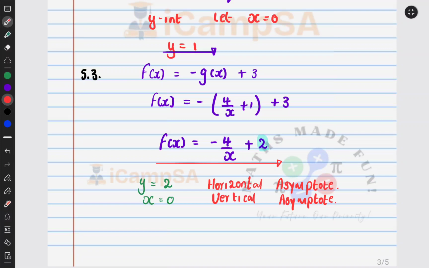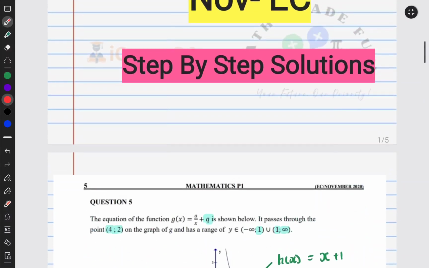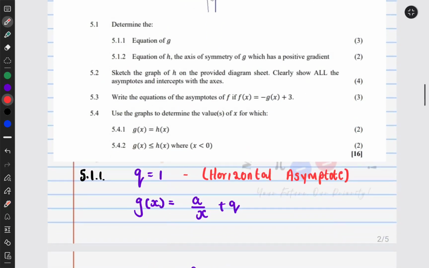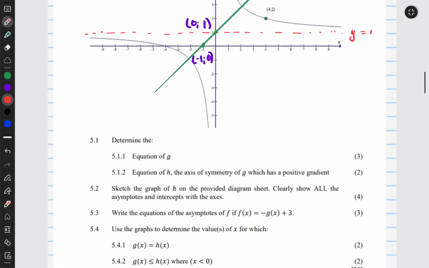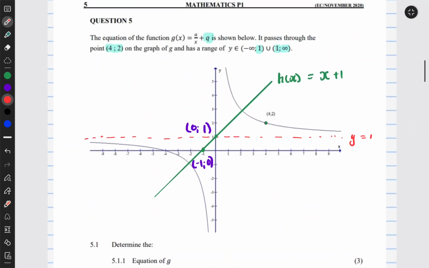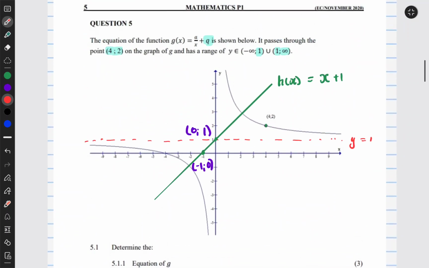Okay, and then next, for 5.4, use the graphs to determine the values of x for which g at x is equal to h at x. The function of g is this one, the hyperbola.